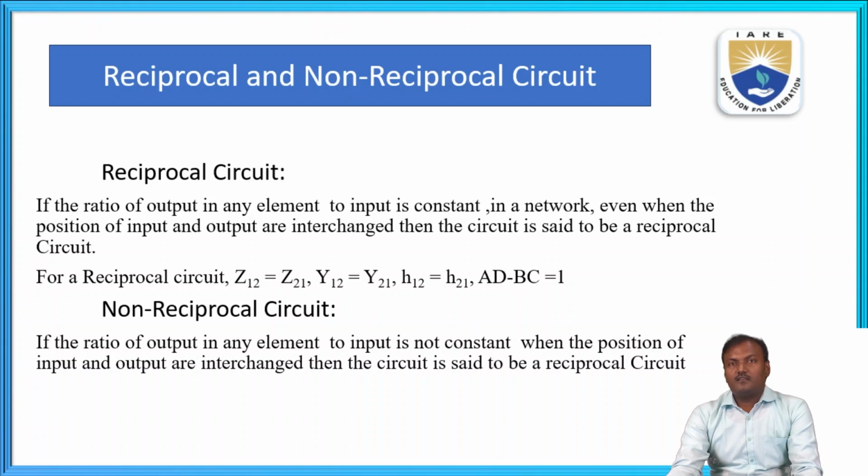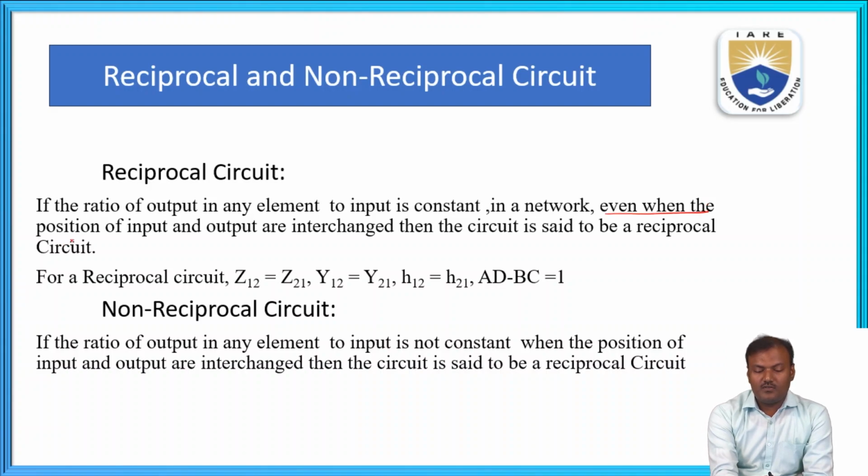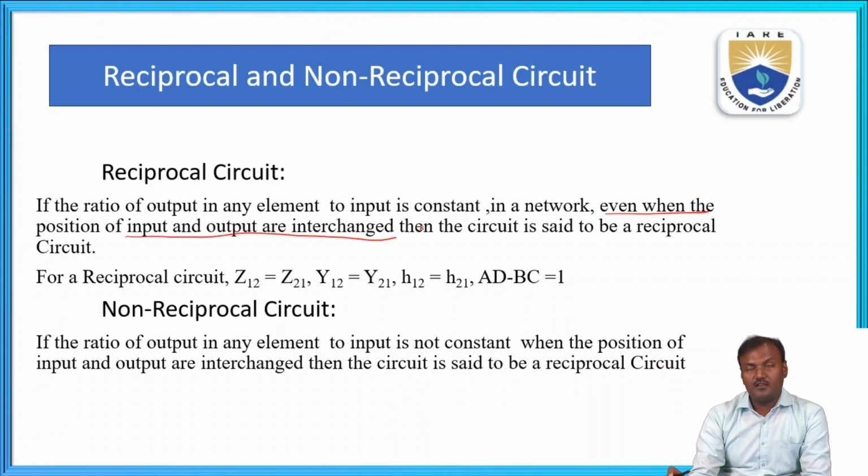Next one is reciprocal and non-reciprocal circuits. If the ratio of output to input in any element is constant even when the positions of input and output are interchanged, then the circuit is said to be a reciprocal circuit.